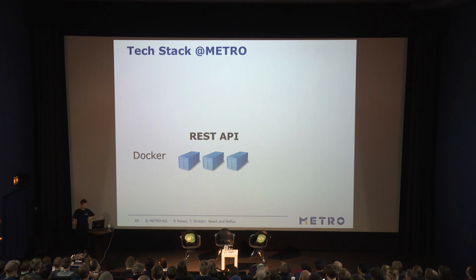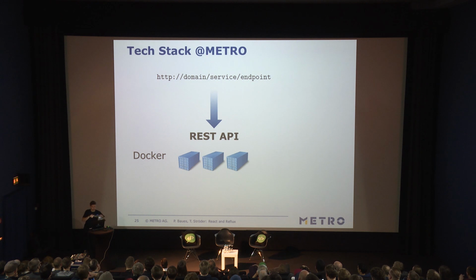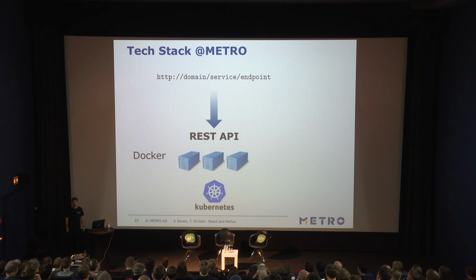Every Docker container that we have has to offer some RESTful API, looks something like this, just a normal RESTful API callable via HTTP. And all the Docker containers are orchestrated by Kubernetes, which makes it easy to scale the whole thing up and down.